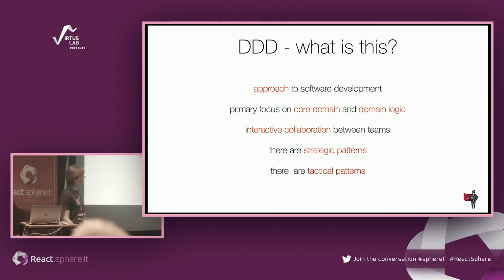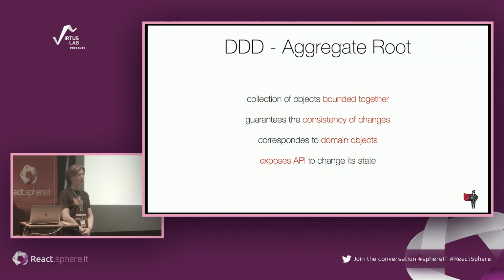But there are strategic patterns and tactical patterns. Here we will be talking about one of the tactical patterns, which is called Aggregate Root. An Aggregate Root is a collection of objects which are bound together and cooperate to implement a part of our domain.